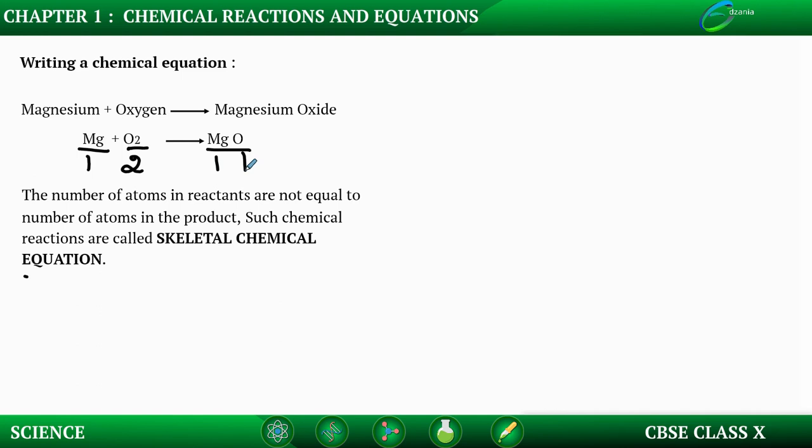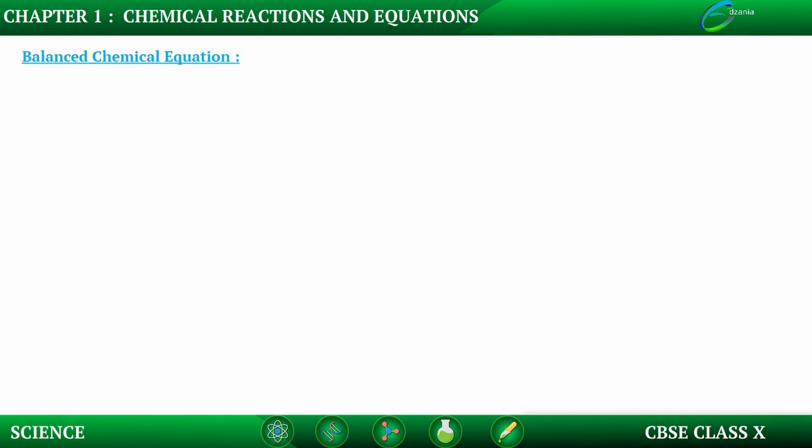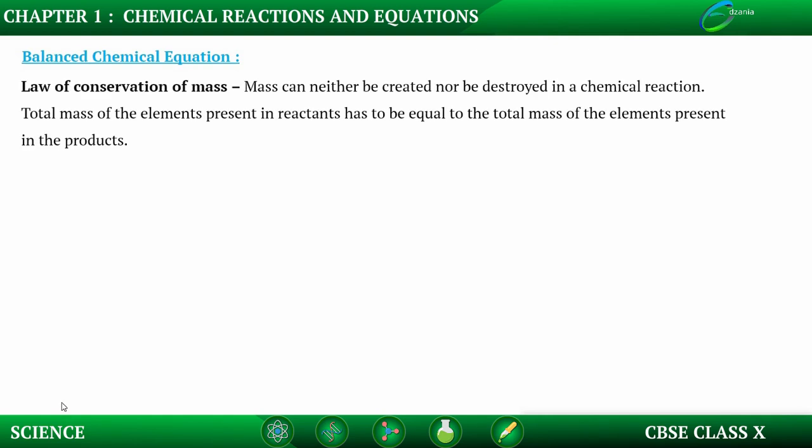It is very necessary for us to balance a chemical equation because from our earlier chapters we have learned the law of conservation of mass, which says mass can neither be created nor be destroyed in a chemical reaction.